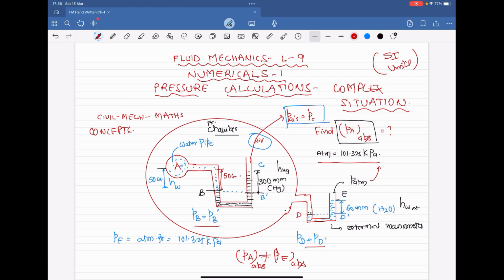Density of water is 1000 kg per cubic meter. Density of mercury is 13,600 kg per cubic meter. Now with this background, let us try to solve the problem.